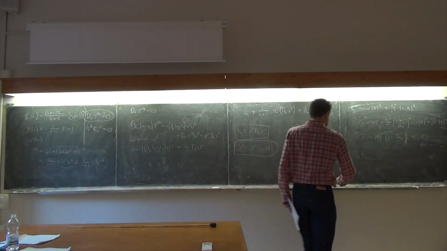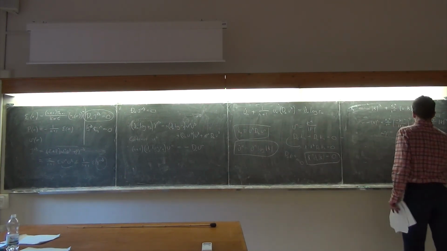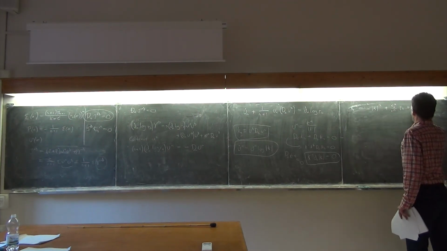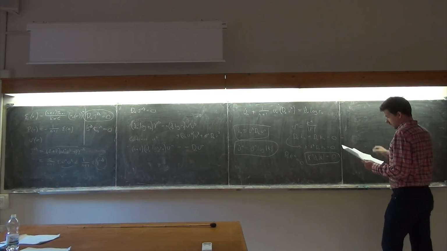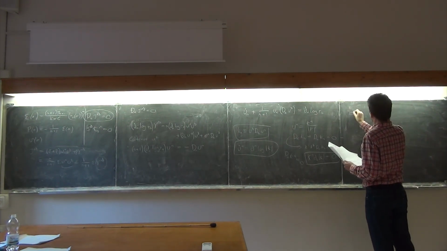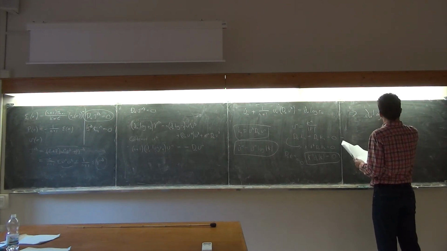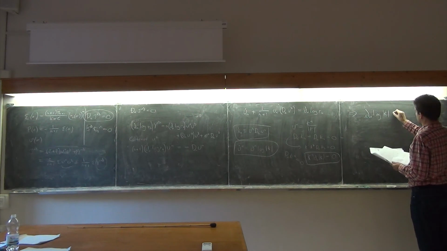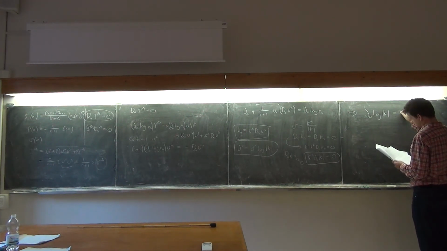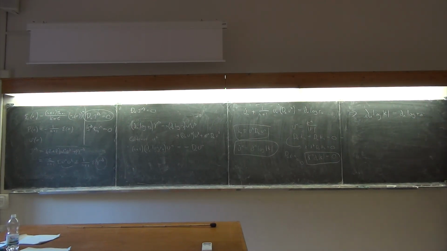So all in all, what you get from all of these considerations is that the variation of the log of the norm of the killing vector field is equal to the variation of this R0.